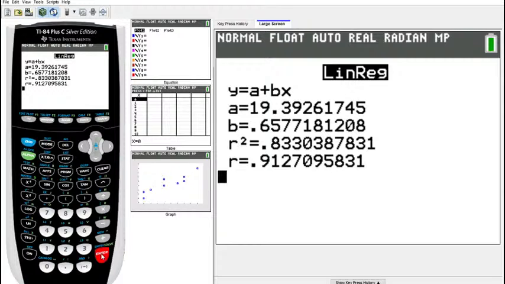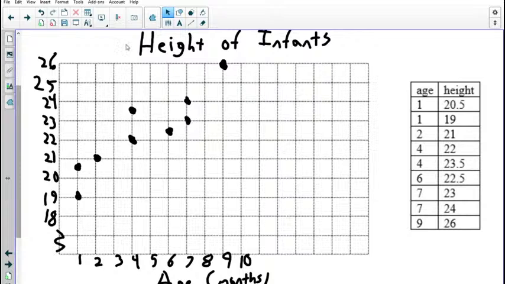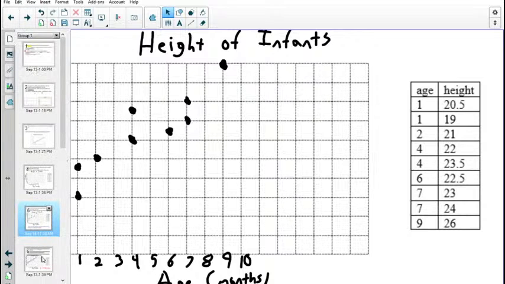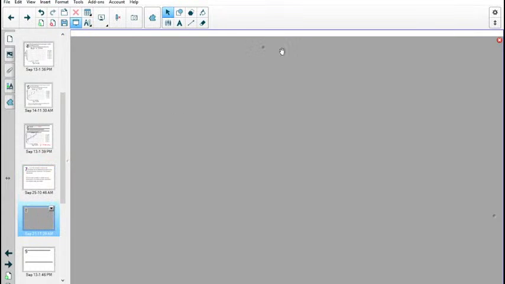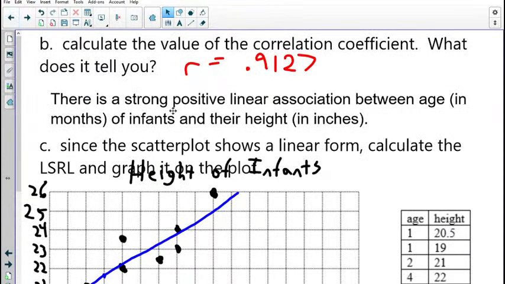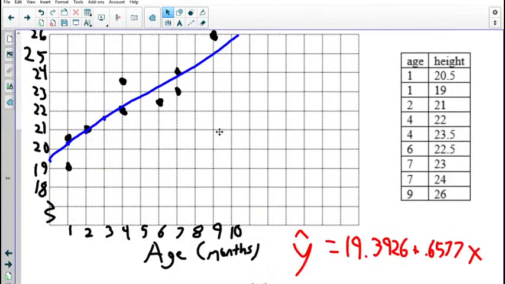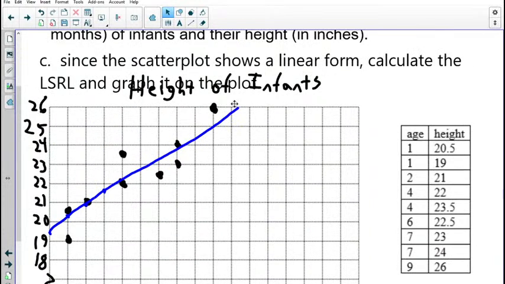a regression equation. So what is the correlation coefficient? First off, it's R. Correlation coefficient is R. So here's the line.